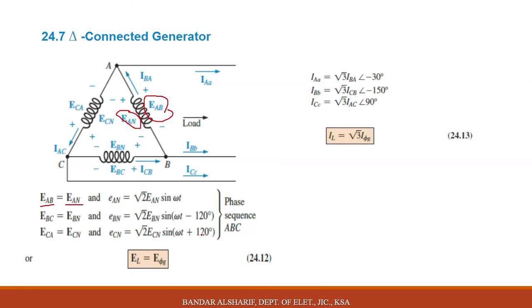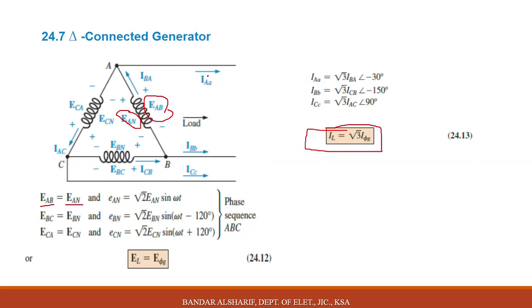there is a shift of 120 degrees. For the current in delta connection, the relation between line and phase current: you multiply the phase current by root 3, you will get the line current. Here IA capital A small equals root 3 times IB capital A small.